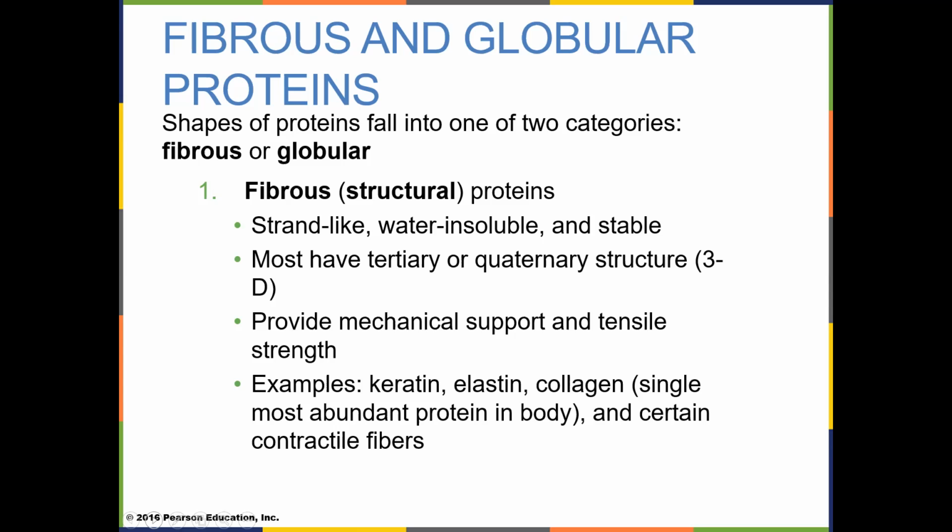It is all very, very strong. It is what we find wherever we want to have strength, where we hold joints together, where we attach muscles to bone, where we contract our muscle cells. The contractile fibers within our muscle cells are all fibrous protein.